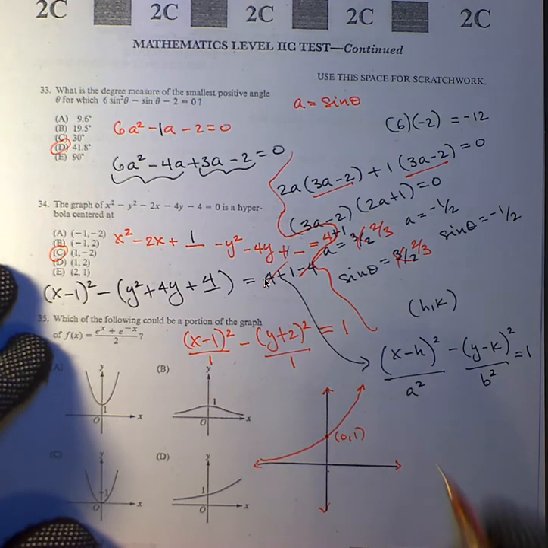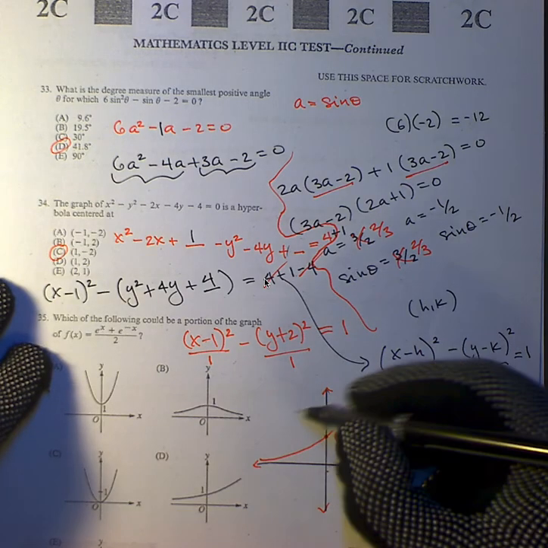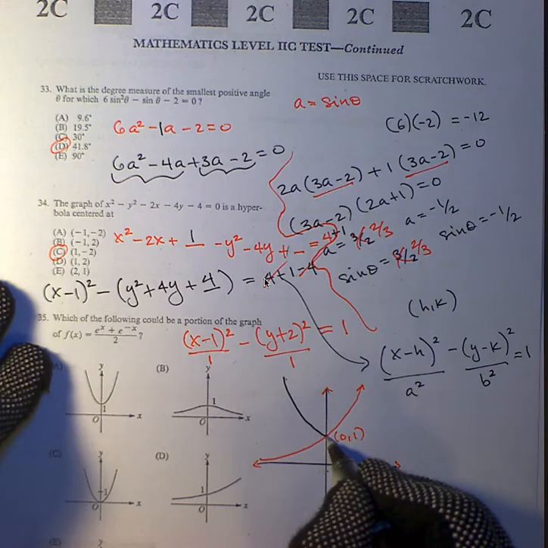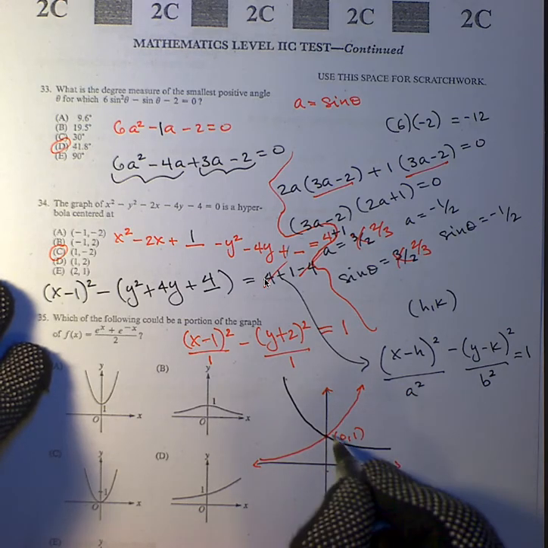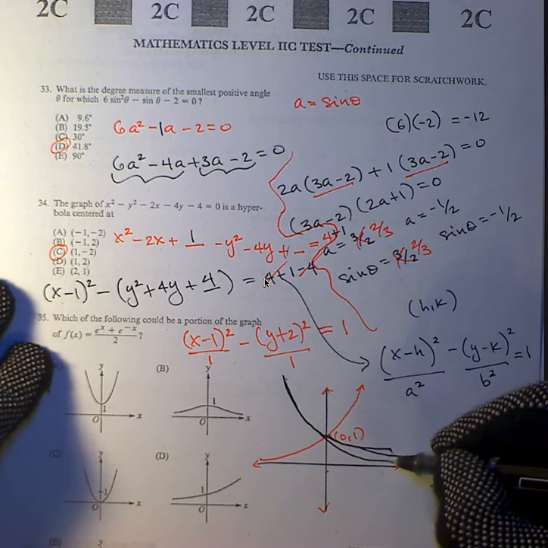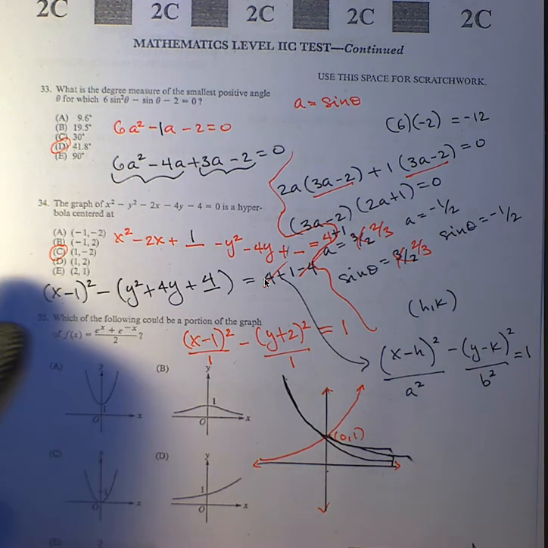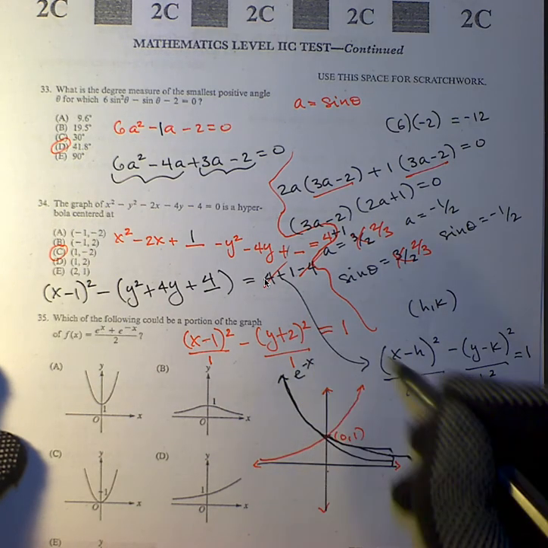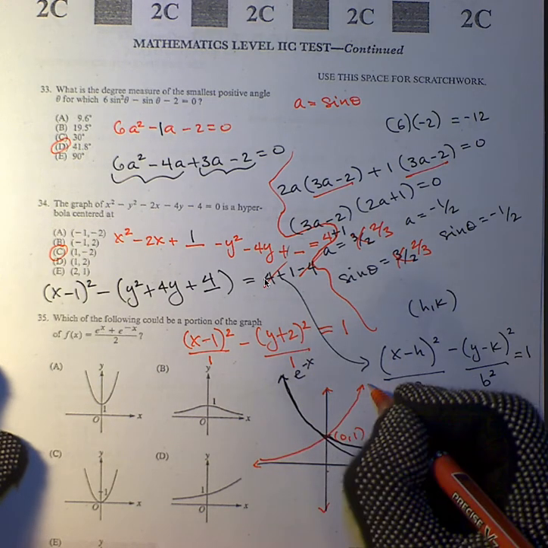Then e^(-x) is a mirror image over the y-axis of this red graph, which is e^x, so this is e^(-x). Oh no, and it comes back down. Sorry, it comes down much lower towards the x-axis. In any case, this is e^(-x), and this is e^x right here.